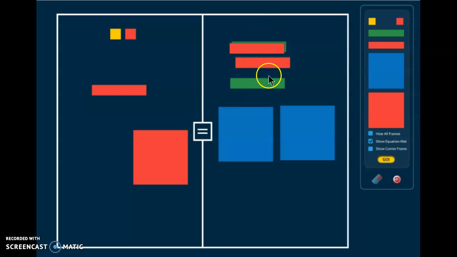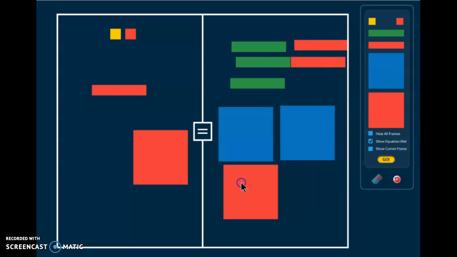But I cannot combine the x's with the x squared. I can't even combine negative x's with negative x squared, even though they're the same color, because they're not the same shape. So it does have to be the same variable and the same exponent.